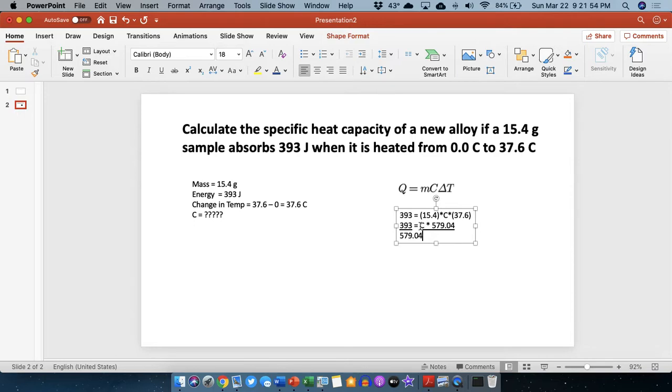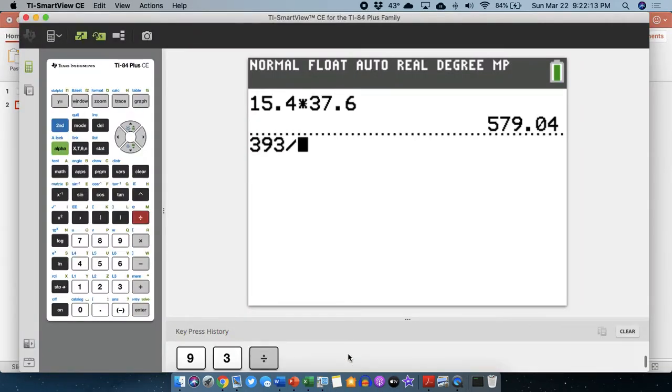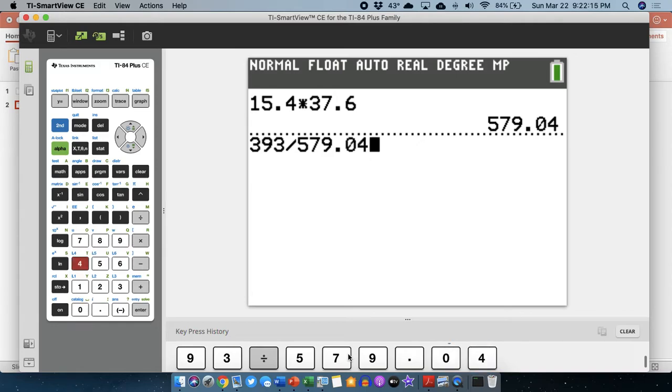Let's see. Move this over here a bit, just so you can see my math as I'm working through it here. So I'm going to take 393 and divide it by 579.04.